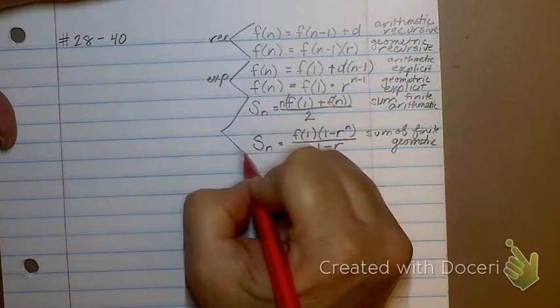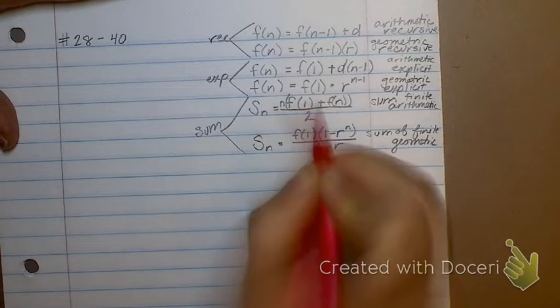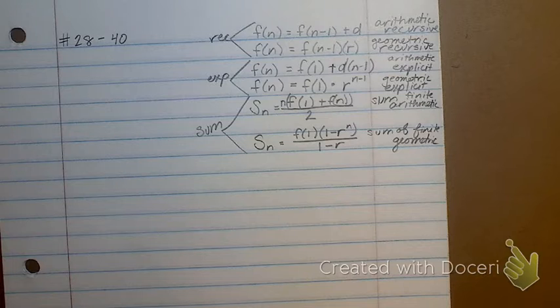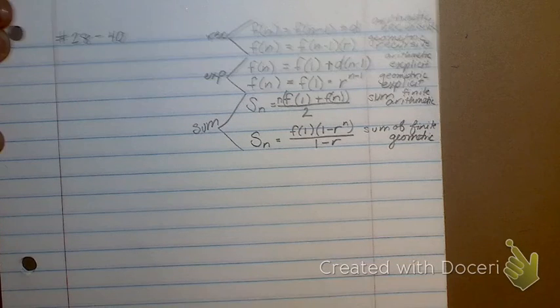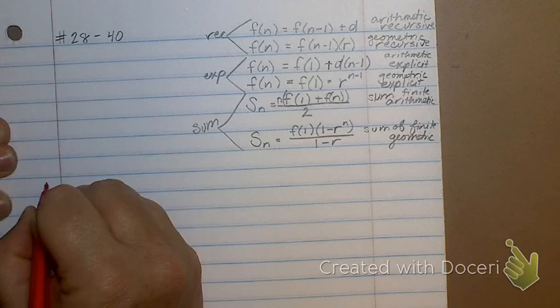So these are our sum formulas. I would absolutely write those on your note card, unless you naturally have them all memorized. Exactly. Okay? So, as you're writing those down, I'm going to start off with number 28.